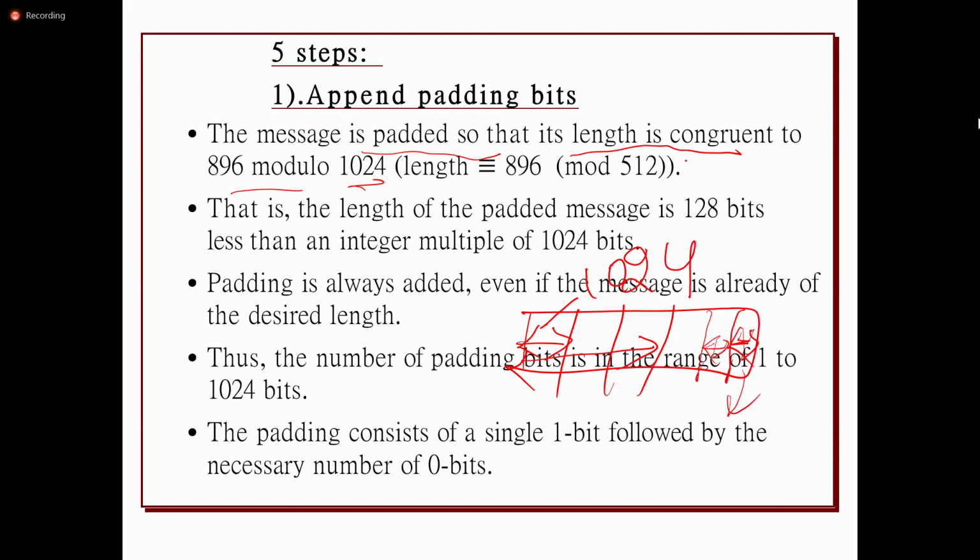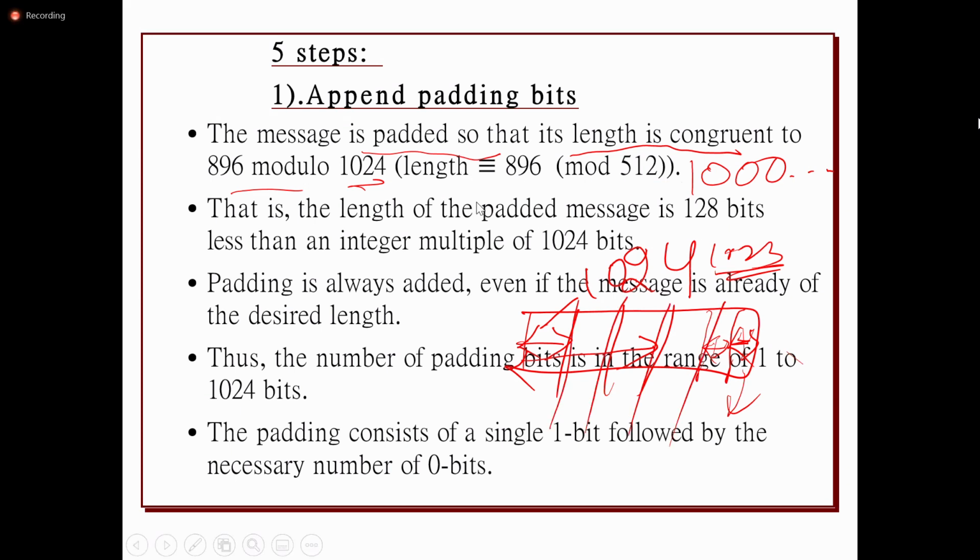The padding bits will be 1 followed by the required number of zeros. So maximum 1023 zeros will be there. After padding the bits, it is going to divide the message into the blocks.